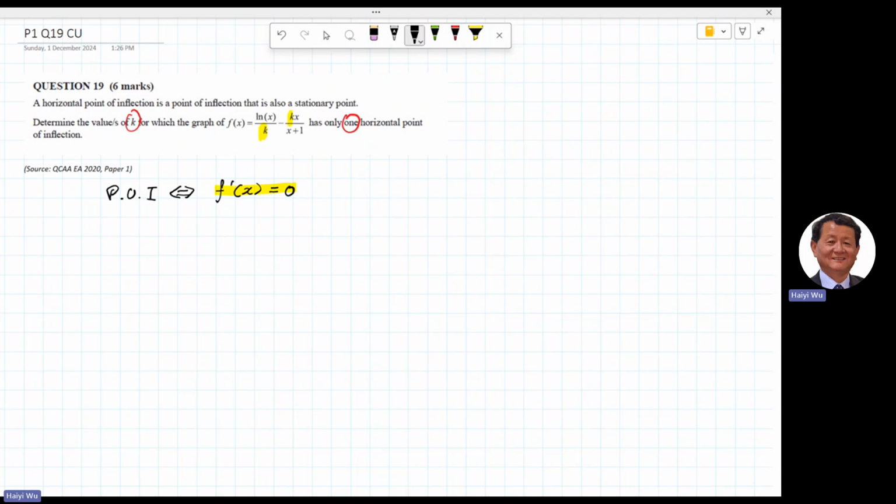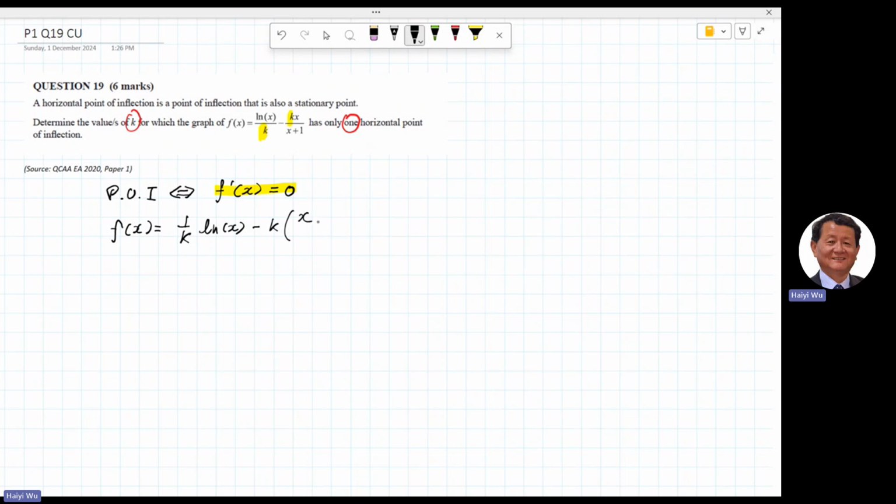All right, so first I'm going to simplify f(x). I'm going to put 1 over K in the front, log x. Then I'll put a K outside the bracket.